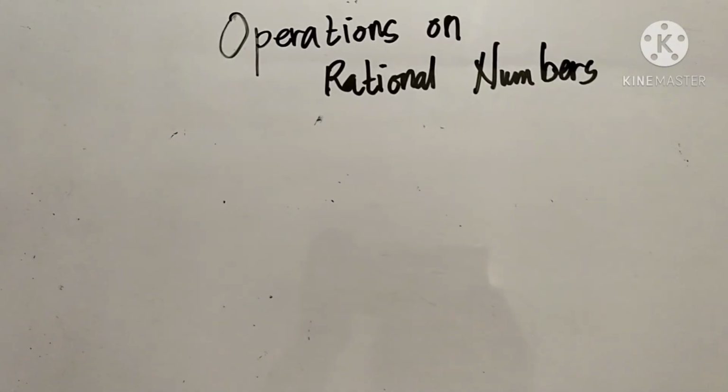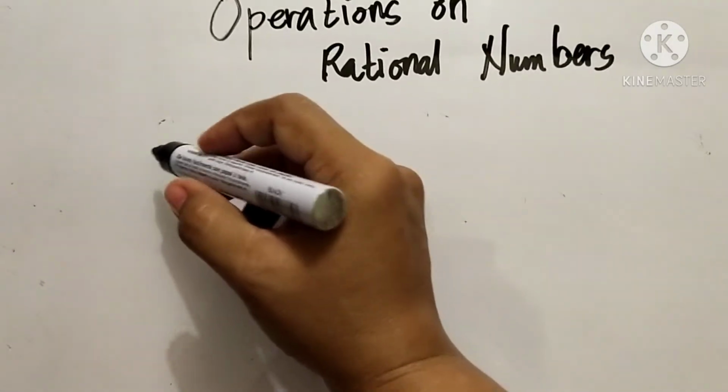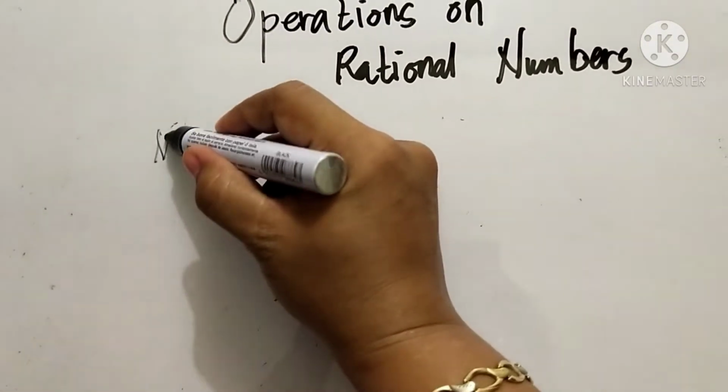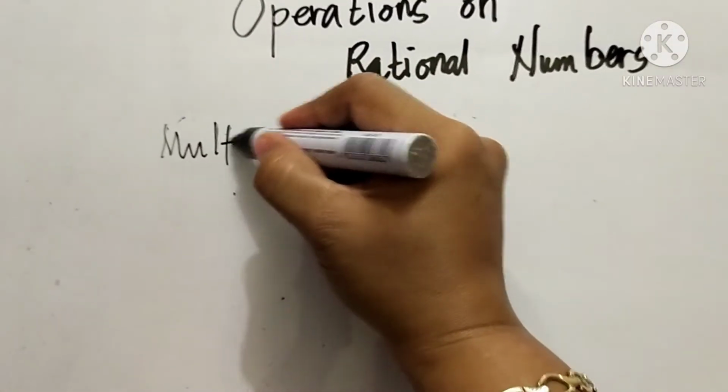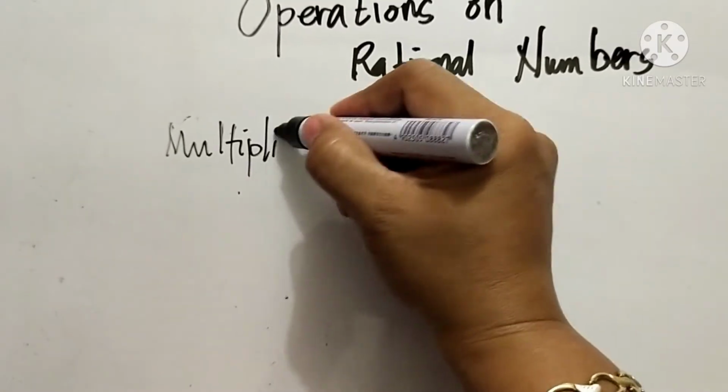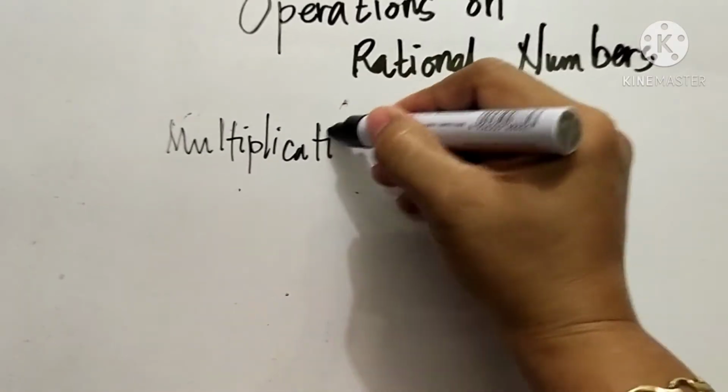Next is multiplication of rational numbers.